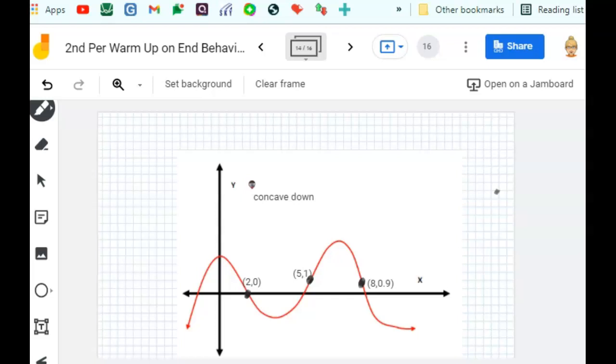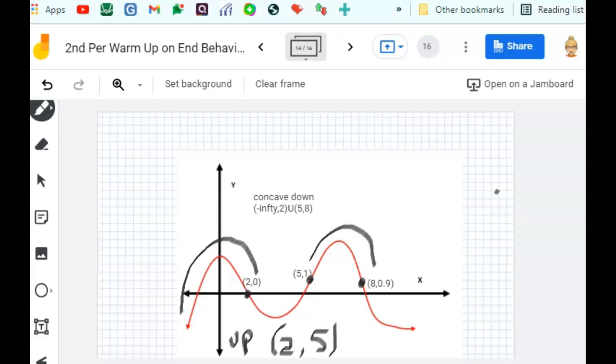Are we writing some intervals? Negative infinity to 2 seems down, right? Everybody agreeing that that piece is going down? And then it says 5 to 8 is also down. And this is looking good. 2 to 5 would be up right here.